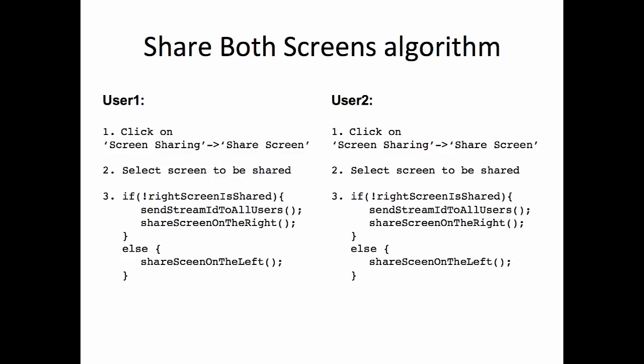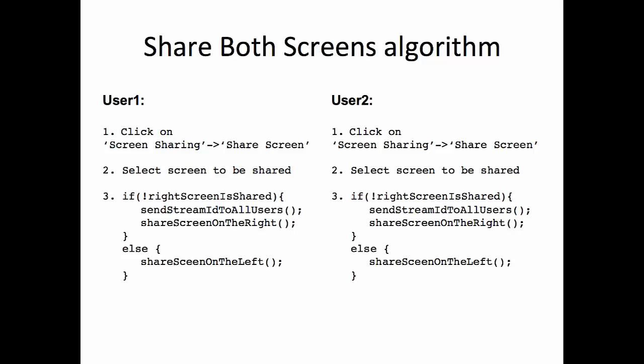User one will click on share screen, and then select the screen to be shared. Now the system will check whether the right screen is being shared or not. If it is not being shared, it will send a message containing the stream ID to all the users in the conference, and it will also share the screen on the right.